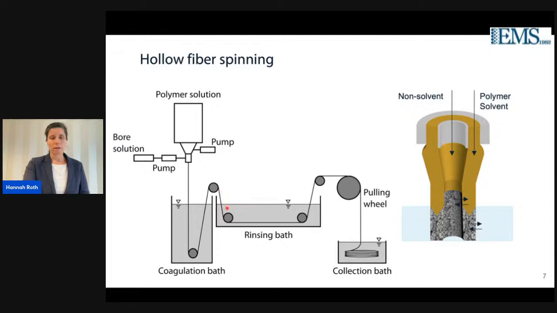And the forming fiber is transported through this coagulation bath, through rinsing baths, and this transportation happens due to a motor-driven pulling wheel, and this can run hours, days, weeks, in a continuous fabrication of hollow fiber membranes. Of course, in the lab, it runs for a shorter time, and then we collect our membrane samples.